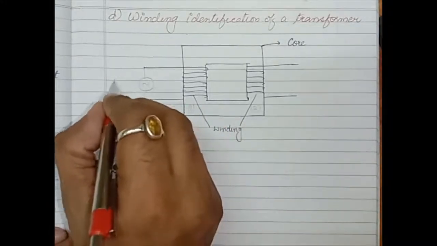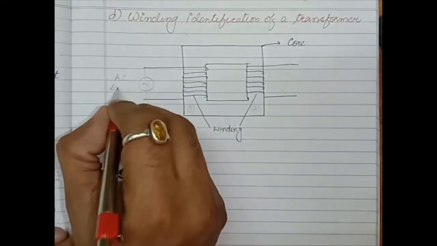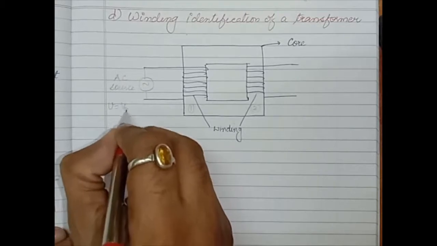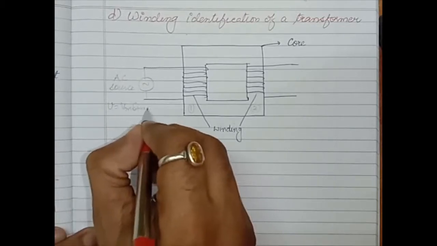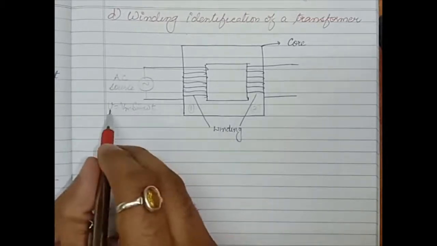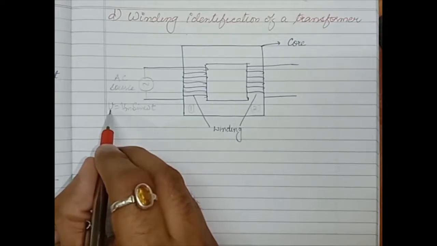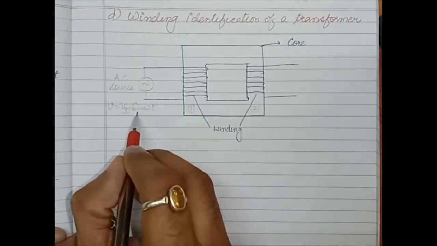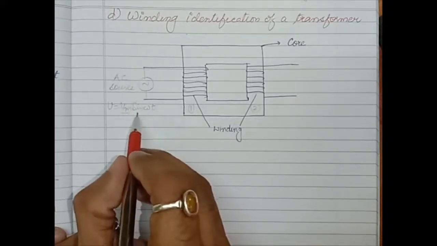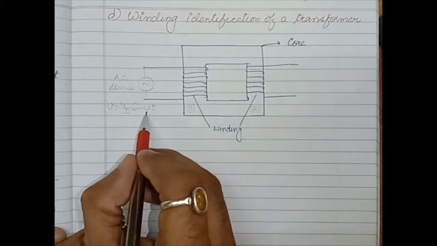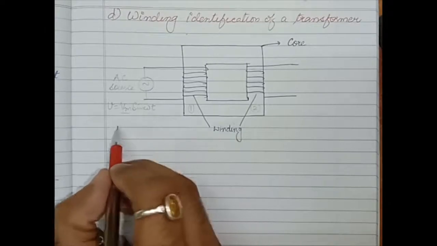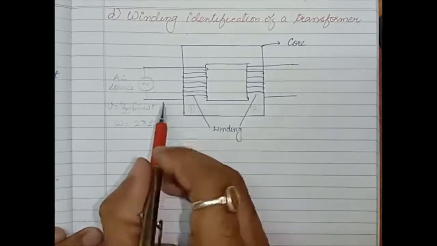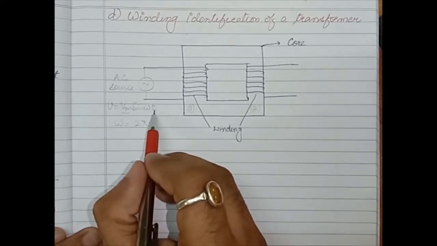It is an AC source, whose equation is given as v is equal to Vm sine omega t, where v is the instantaneous voltage, Vm is the maximum voltage, AC has a sine function waveform, omega is angular velocity, which is given as omega is equal to 2 pi f, and t is instantaneous time.